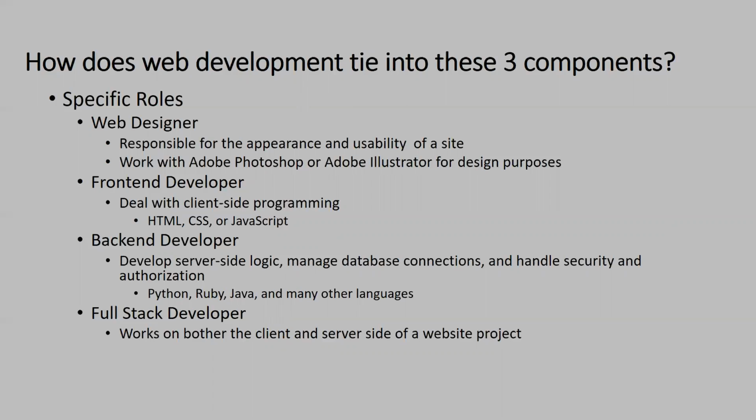A full-stack developer works on both the client and the server side of a website project. They have mastery over many layers, such as client-side or front-end programming and server-side languages. This would put you in high demand. You will have the ability to understand problems and solutions from all sides of web development.